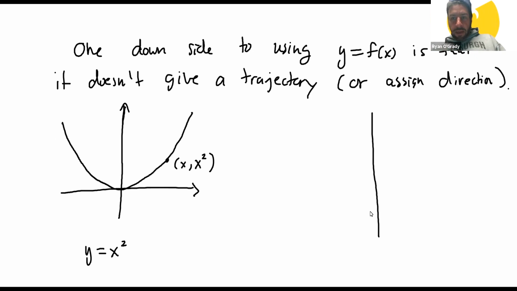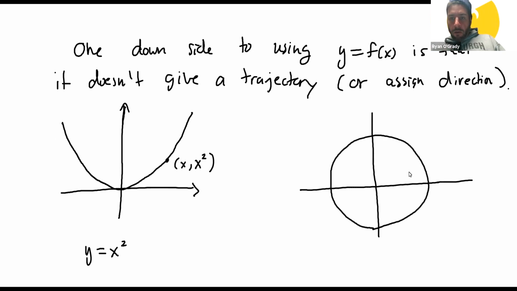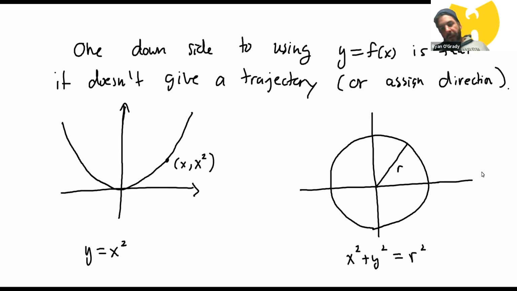If I just draw a circle of radius r, this is given by x squared plus y squared equals r squared. If I want to describe an object moving around a circle, how do I know which direction it's going? So hopefully you understand that we're missing some information here.